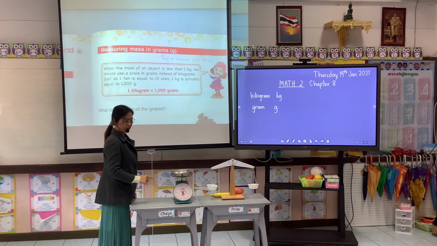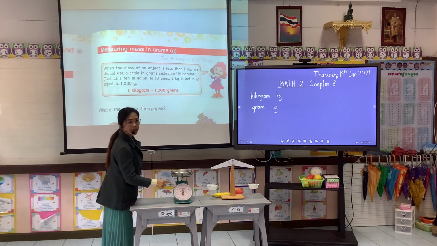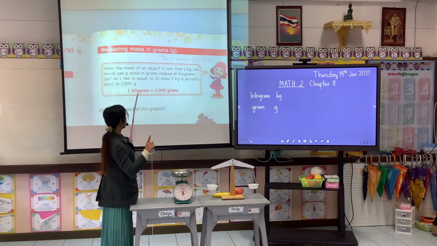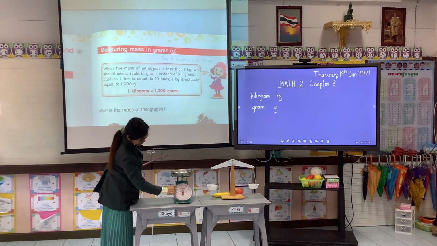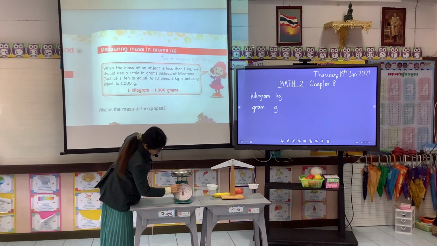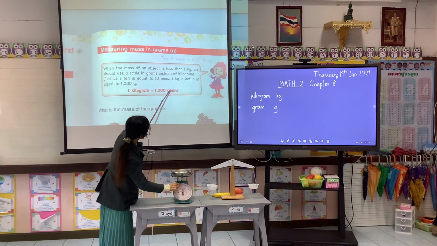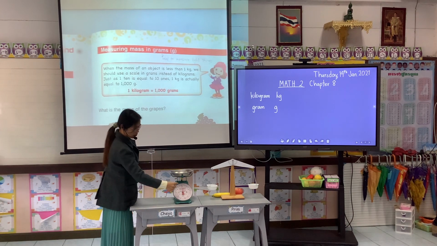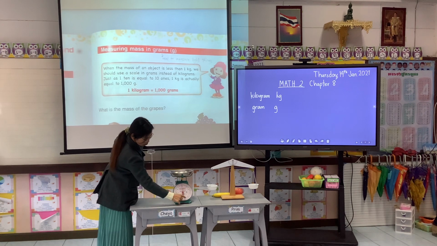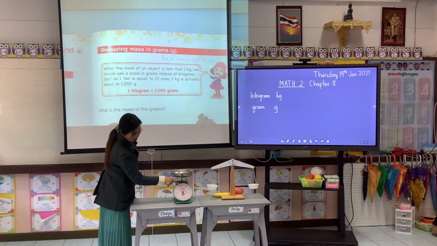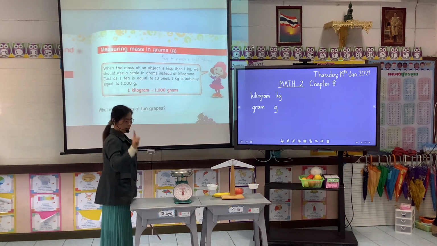So 1 kilogram is equal to 1,000 grams. When the pointer goes around completely, we say 1 kilogram.